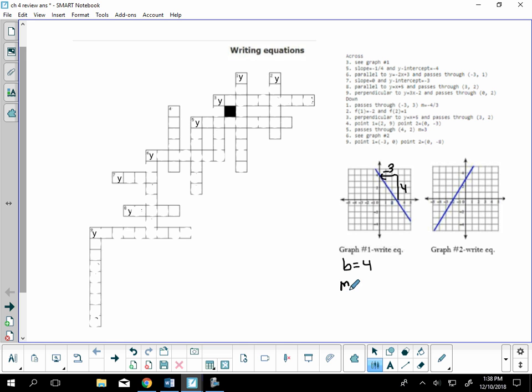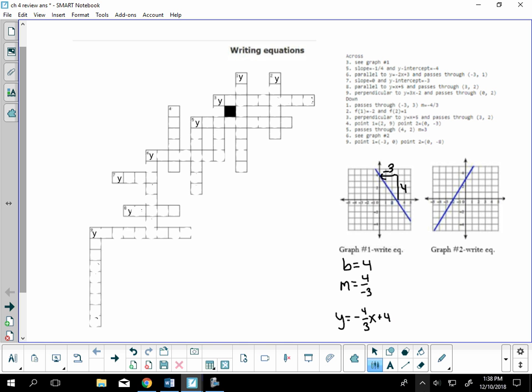So my slope is rise over run. So now I know my slope and my intercept. I can just write it in the form of y equals mx plus b. So -4/3 x plus 4.